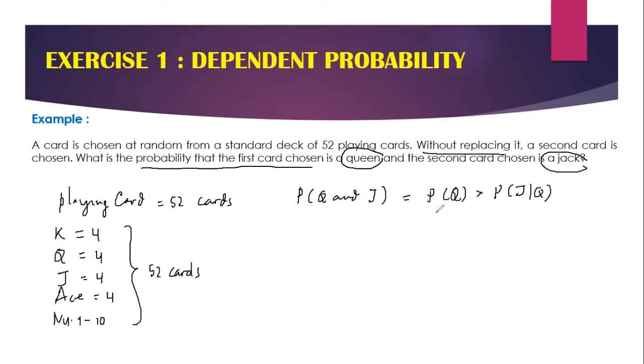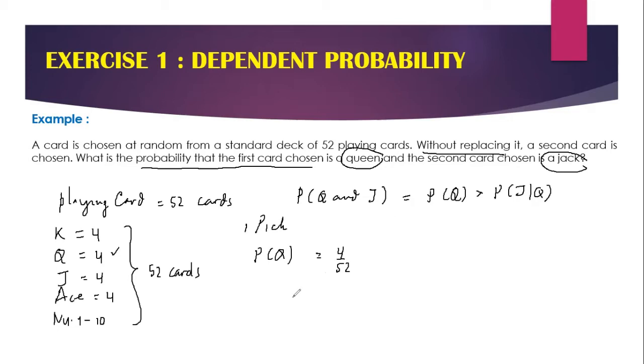The meaning of probability of jack given queen is the probability of jack given the probability of queen. Okay, for the first pick, the probability of queen is 4 over 52. Why? How come? Because queen consists of 4 cards.